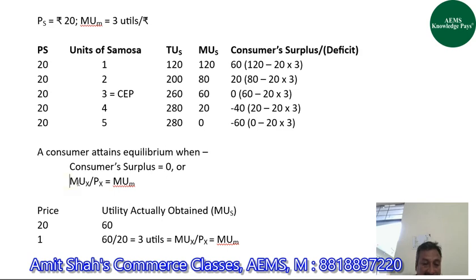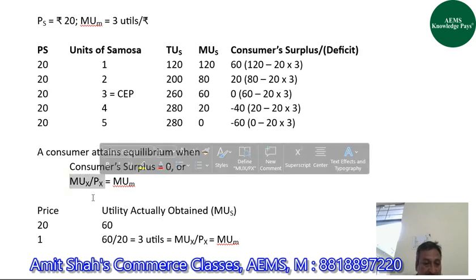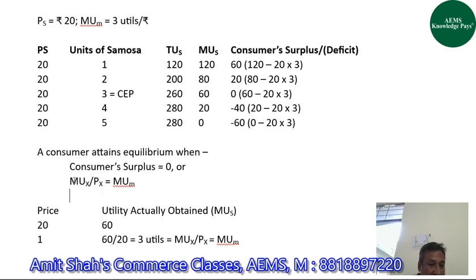That is when MUX upon PX, which is MU per rupee of price, as I have explained here. He is getting 60 utils by spending rupees 20. So by spending rupee 1, he is getting 3 utils, and that is what he expected. If he gets more than 3 utils, then he has surplus.